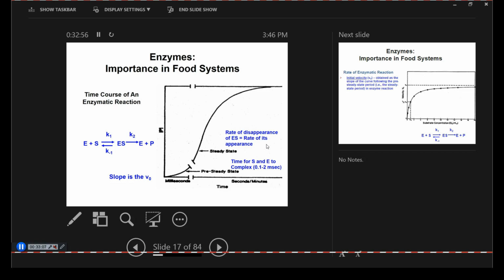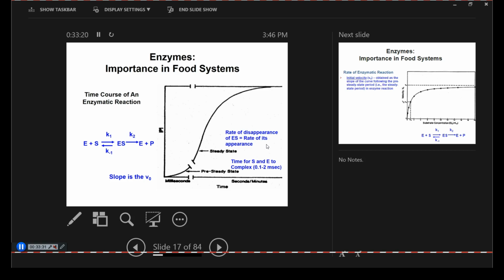As we monitor, we have a pre-steady state, and it's a very, very short time. Sometimes we're not even able to monitor it because it is a few seconds where substrate and enzyme complex. So to go from E plus S to ES takes a few milliseconds.